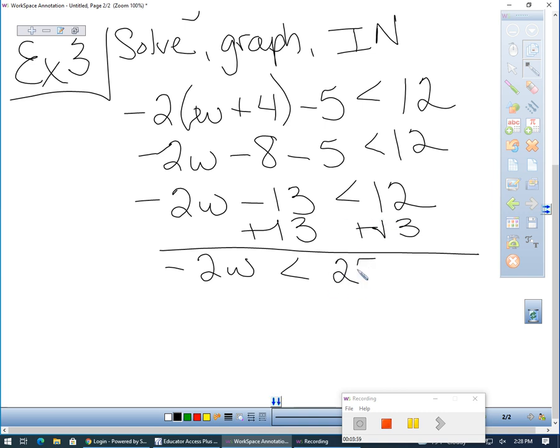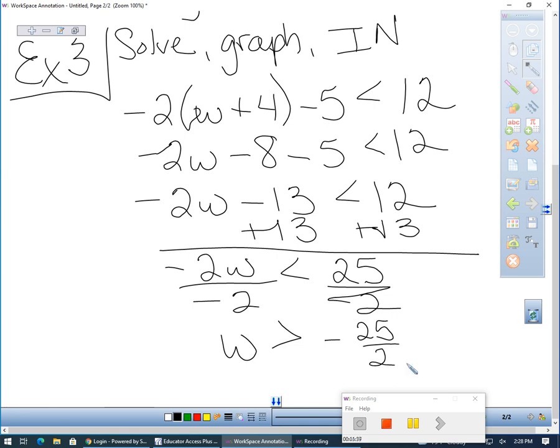All right, I agree. And then we divide last, but we're dividing by a negative. We have to flip it. So you get w is greater than negative 25 over 2, and you're going to leave it in that form. Okay? Leave it in that form.